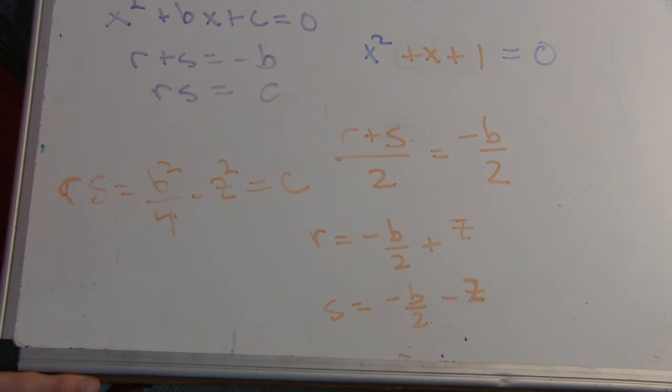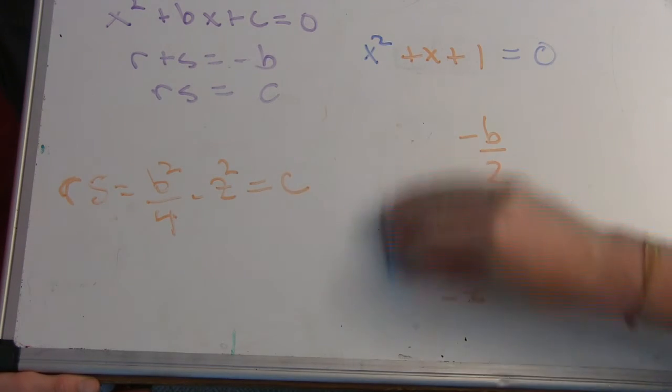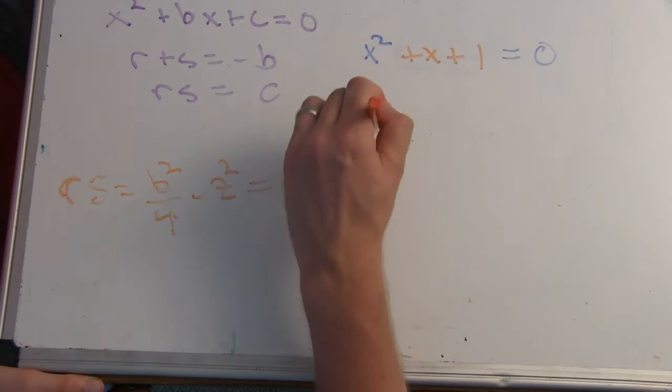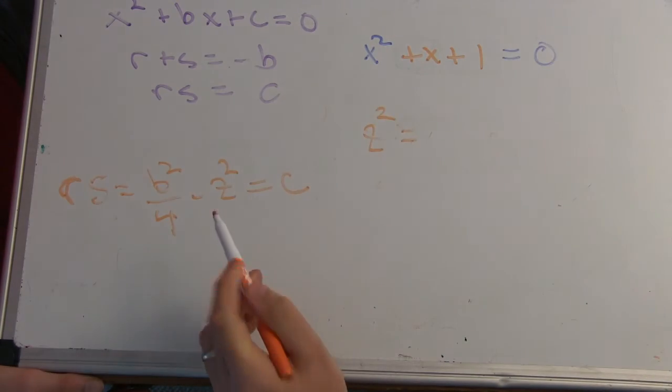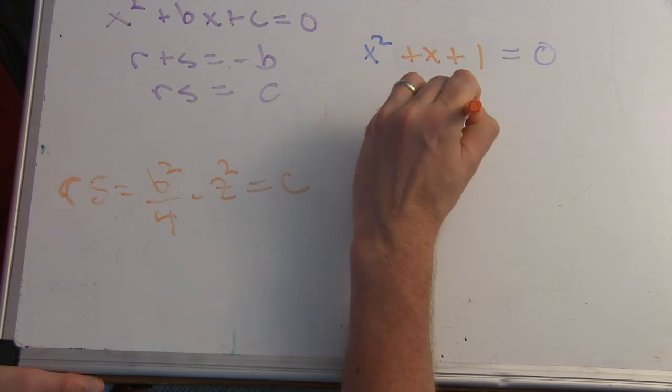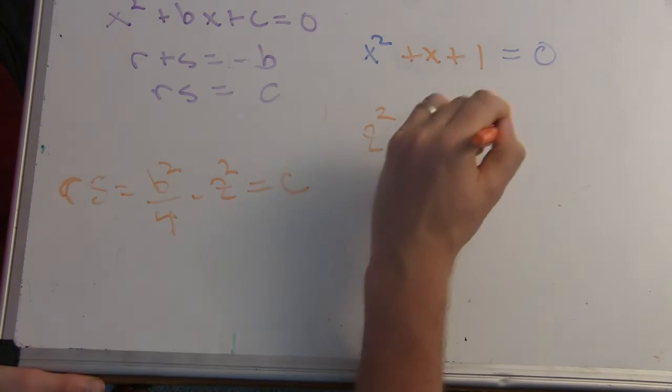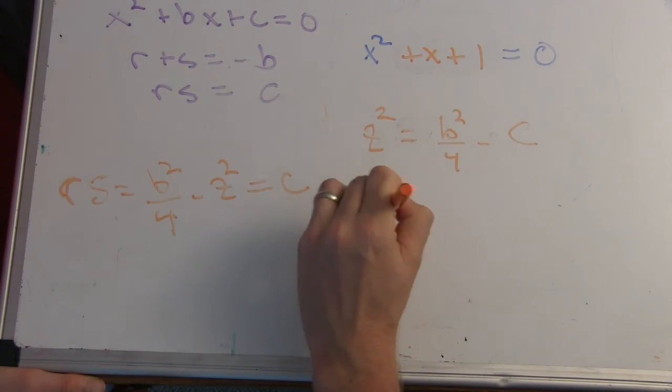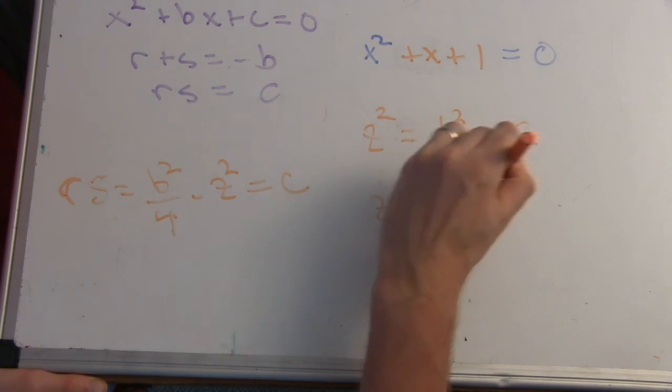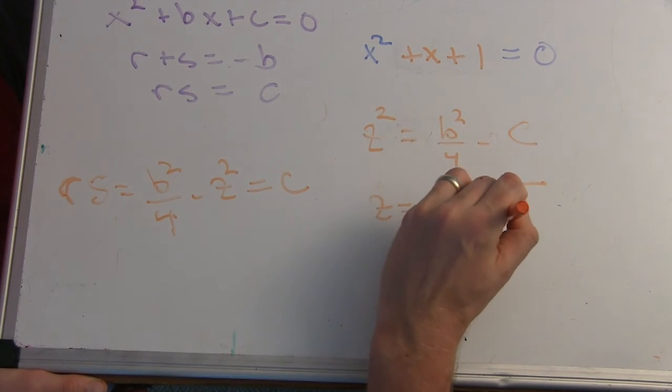And that means z, that we're trying to solve for, z squared equals b squared over 4 minus c. So z is plus or minus the square root of b squared over 4 minus c.